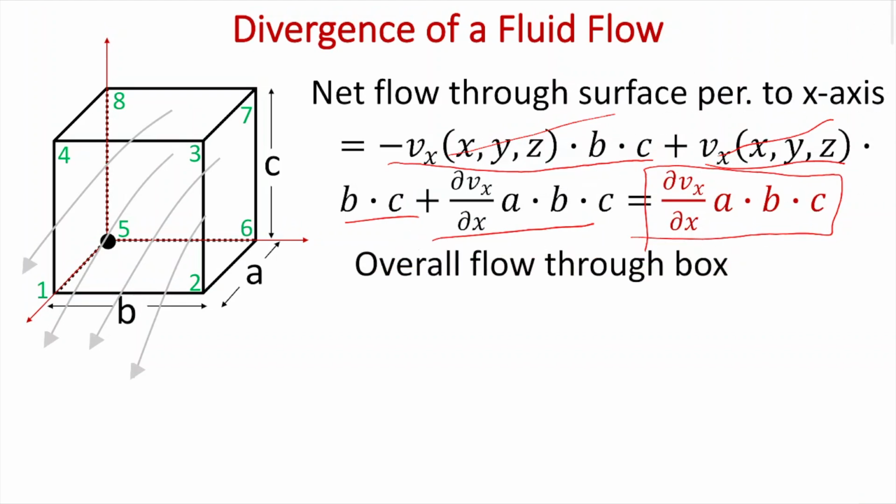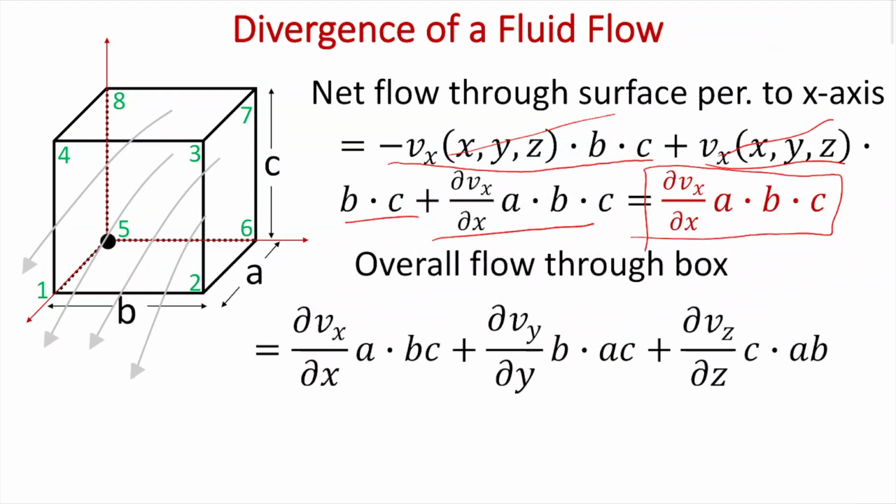We can also calculate similarly the flow through the box in the y and z directions, which is nothing but del Vx upon del x into a into the area, del Vy upon del y into b into the area ac.